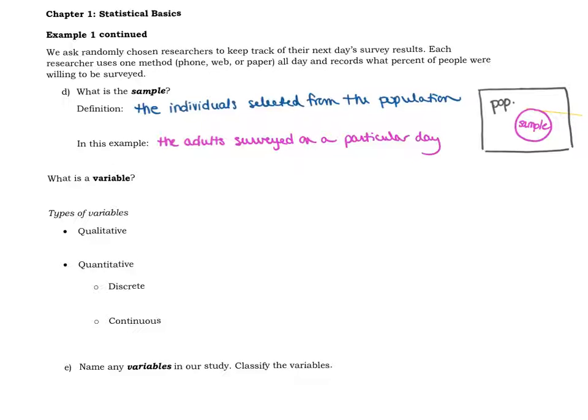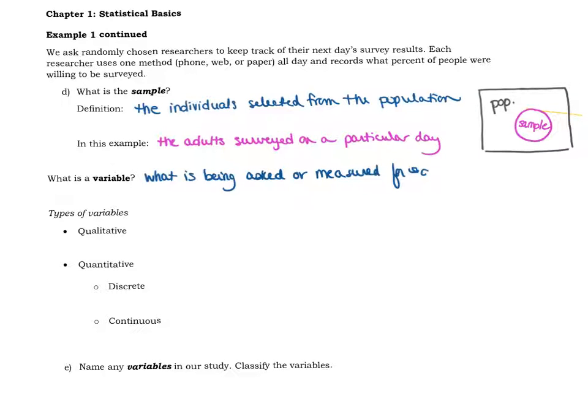So the next idea is, what is a variable? Okay, what is a variable? So this is what is being asked or measured for each individual.